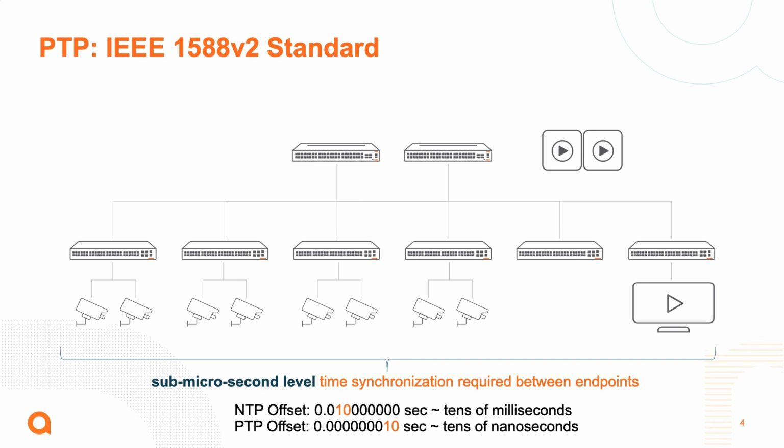Of course, if you have an existing network, some of these might vary, and you may need to make some adjustments. Please consult with your Aruba representative and system engineer to make sure that you're having a network that will satisfy your PTP requirements.